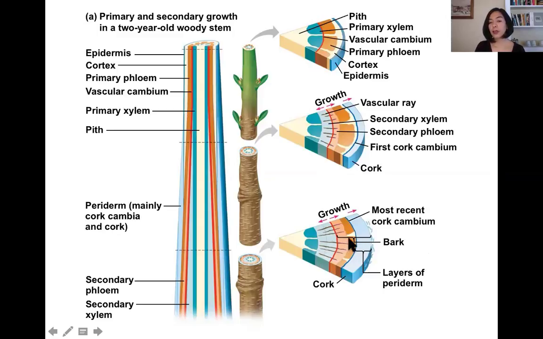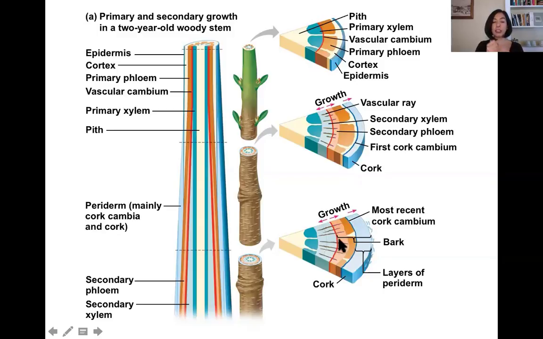But what happens also in the periderm? So I said that the periderm is going to replace the epidermis. The epidermis was formed in the first year, and we're going to have this cork cambium in dark blue formed in here. And with that, we're going to be forming the cork on the outside, and the bark.